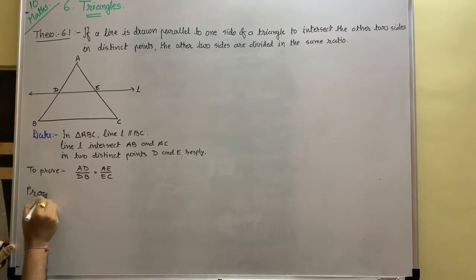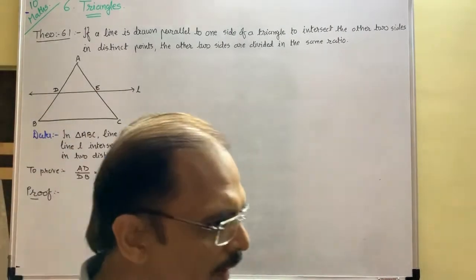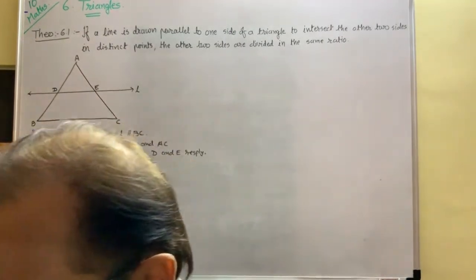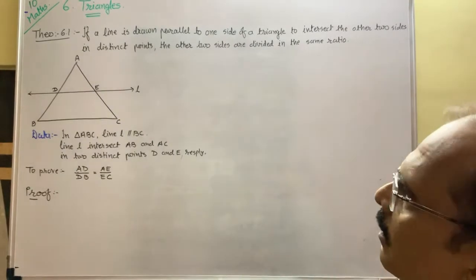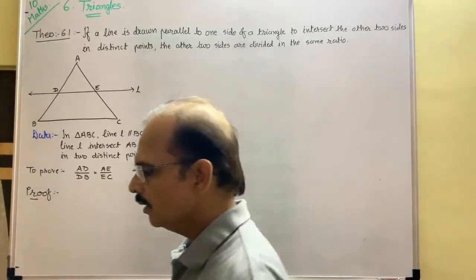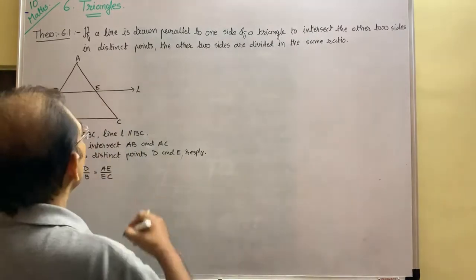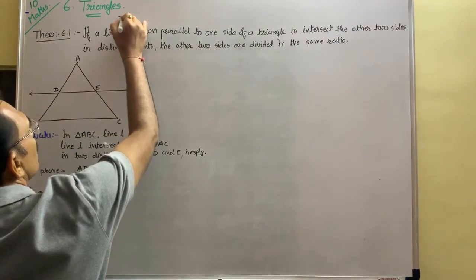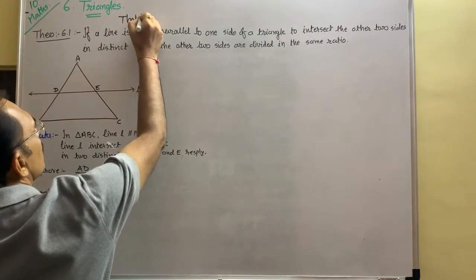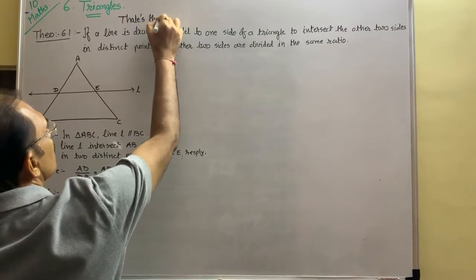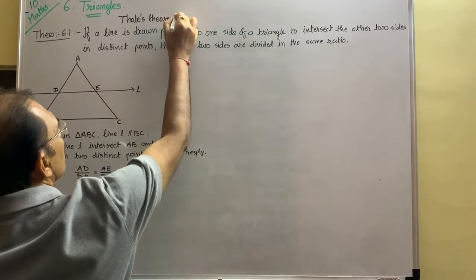Now proof. See, you have to write the theorem in this manner. Okay, remember that this theorem is also called Thales theorem, or it is also known as basic proportionality theorem. This theorem is also known as Thales theorem because it was derived by the mathematician Thales.